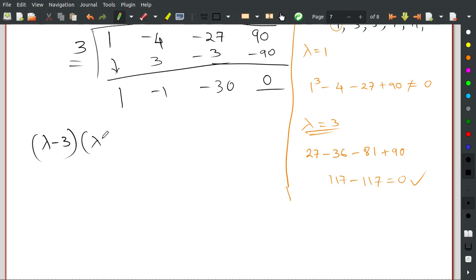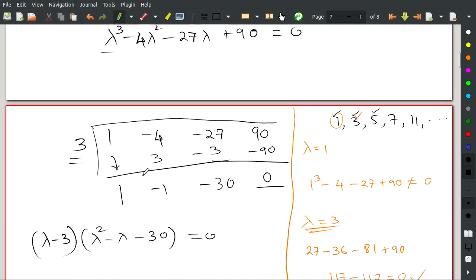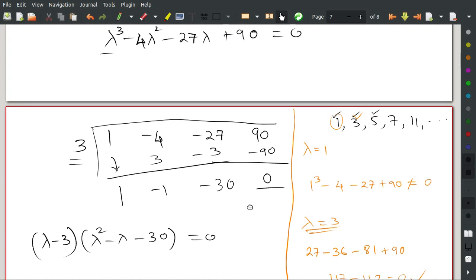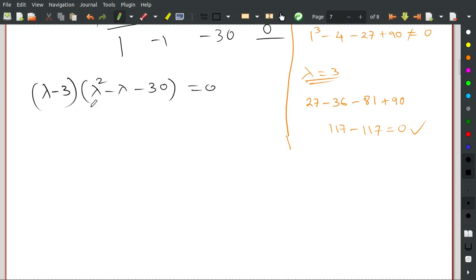The coefficient of lambda square is 1, the coefficient of lambda is minus 1, and the constant term is minus 30, equals 0. This equation and the previous equation are the same. What we did is we just factored out lambda minus 3 by this technique. Next we have to find the roots of this quadratic equation.